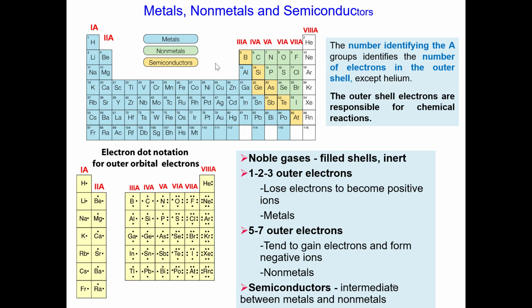Groups 5 and 7 tend to gain electrons to form negative ions, and this corresponds to the nonmetals. And semiconductors are intermediate between metals and nonmetals.